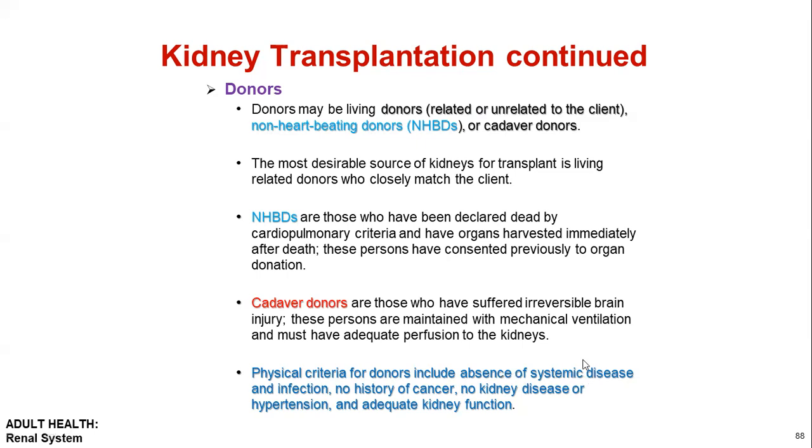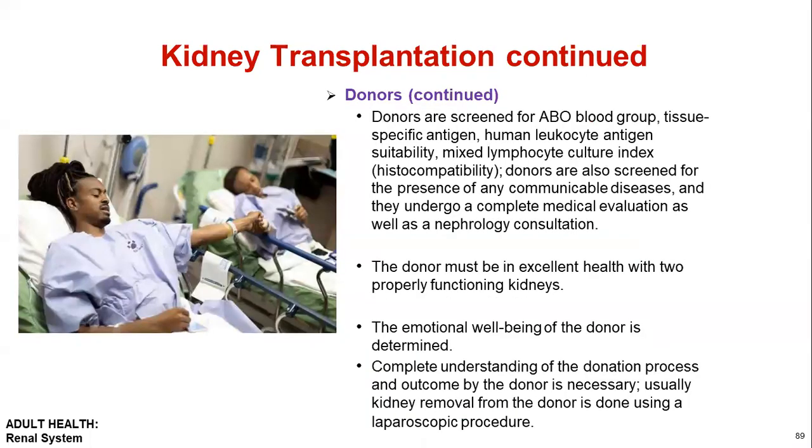Systemic disease like autoimmune disease, or any infection like HIV, no history of cancer, no kidney disease, no hypertension, and adequate kidney function. What else?